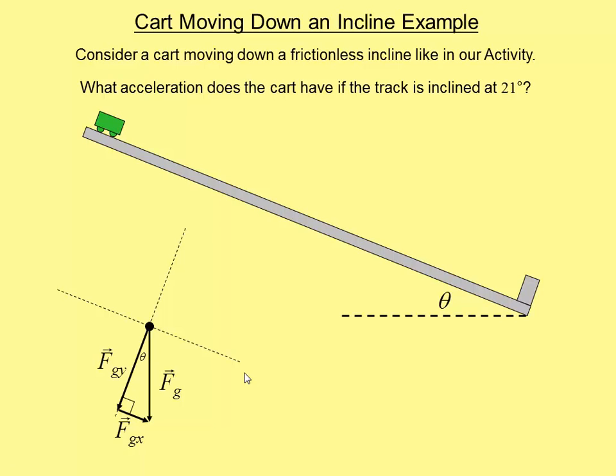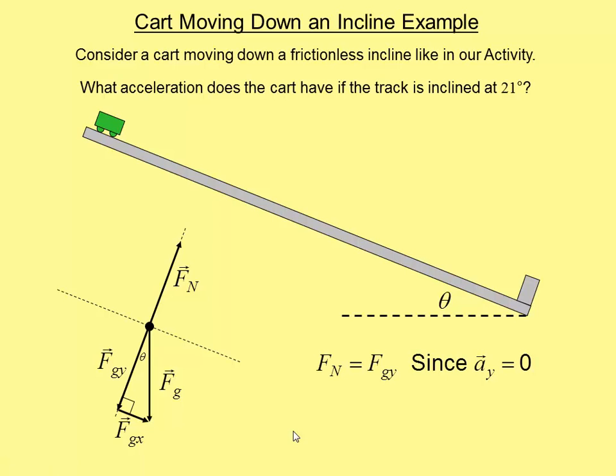Now there will also be a normal force, a support force if you will, acting on the cart. It will act normal or perpendicular to the surfaces. So notice right along the y-axis, not straight up, right? It's always perpendicular to the surfaces. Now, notice that since we rotated the axes so that all of the acceleration is along the x-axis, there is no acceleration along the y-axis, and therefore the normal force and F_gy must cancel out.